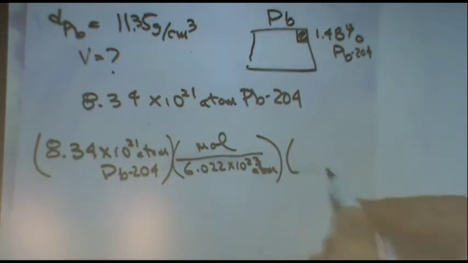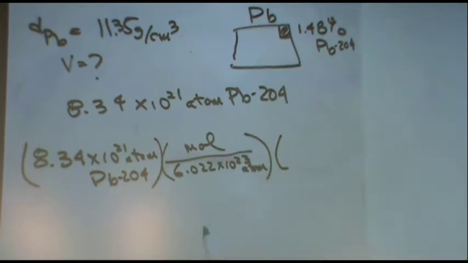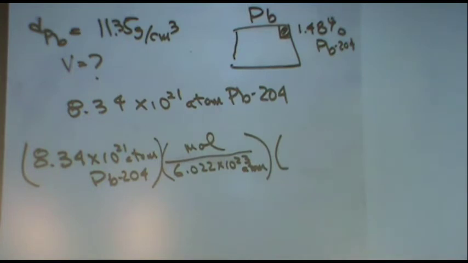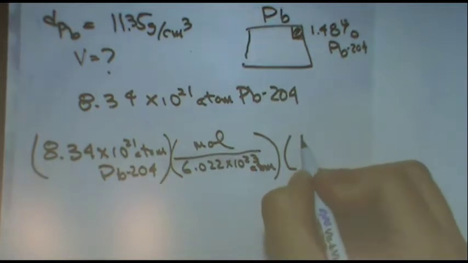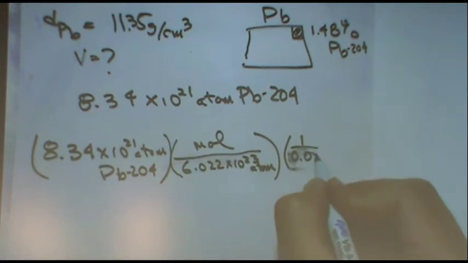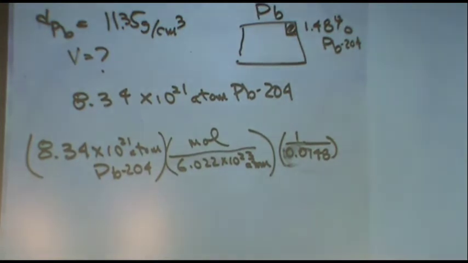Here we go. We're going to do some advanced 7th grade algebra right here. I want the total mass, the mass of the whole block. 1.48% of the block is this. So how do I use 1.48 to get to the whole block? Divide by 1.48%.